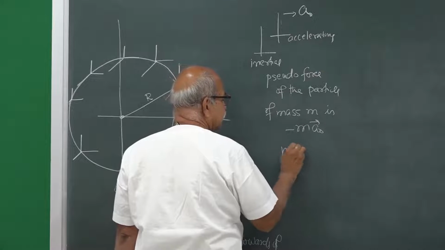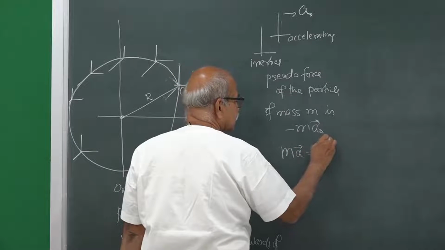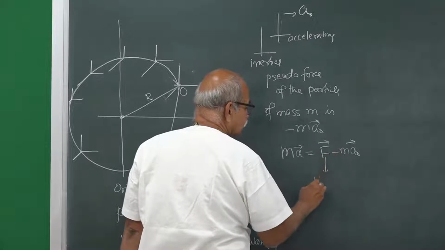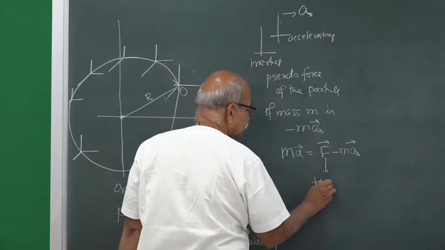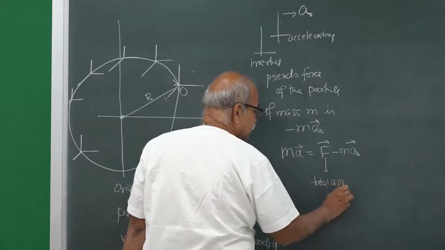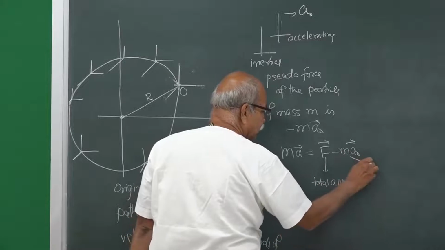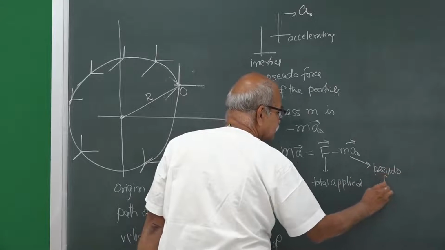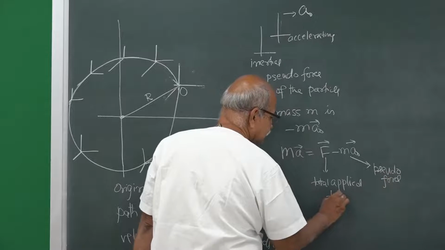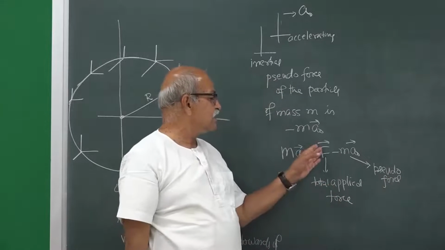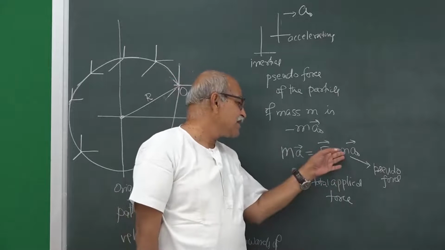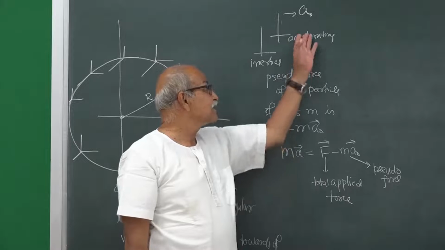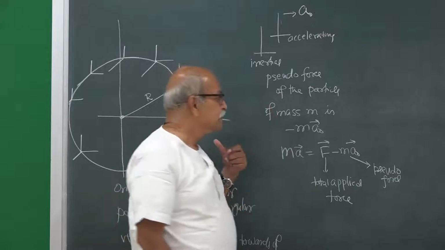So m a is equal to the resultant force, and minus m a naught. This is the total applied force. This is force. This is not force, this is pseudo force. All the forces are here, and then this is the pseudo force that we are adding in our equation to enable us to use Newton's second law in this accelerating frame.